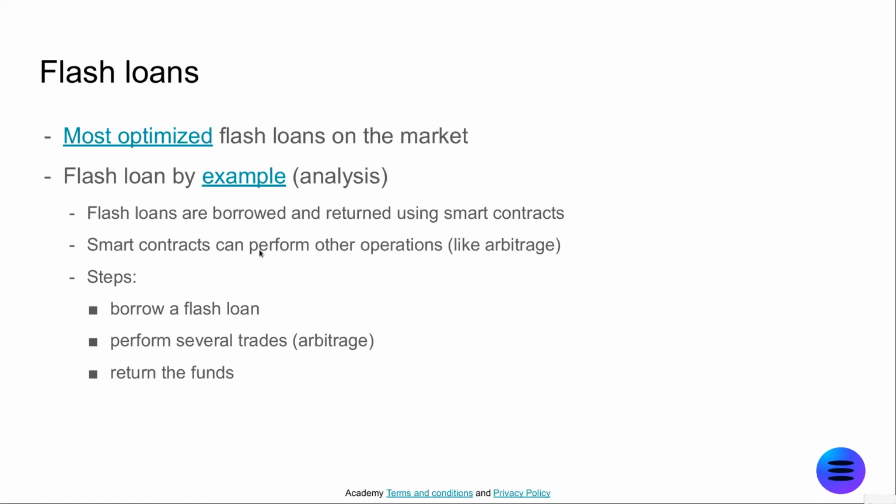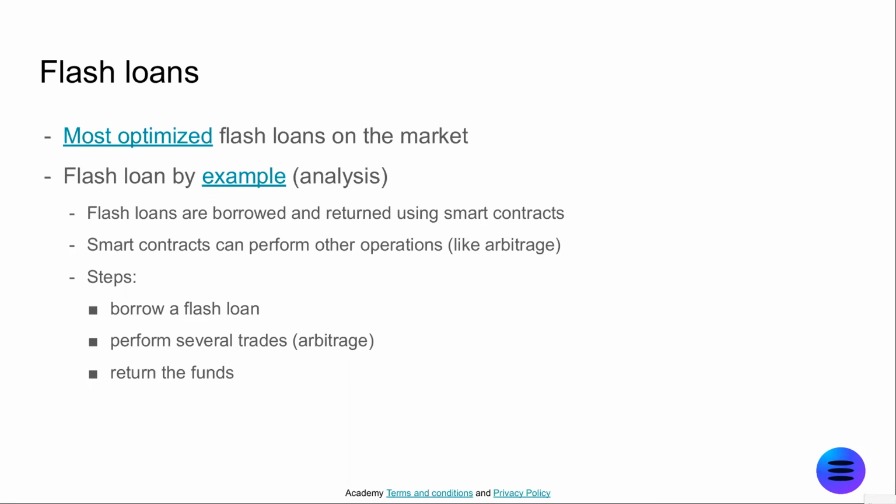Now we see that flash loans are borrowed and returned using a smart contract, because smart contracts enable us to perform many actions. With a simple transaction, we can only transfer funds or invoke a smart contract, but the actual logic of what happens needs to be implemented in the smart contract itself. Now, smart contracts, as said, can perform other operations like arbitrage, rebalancing, and others.